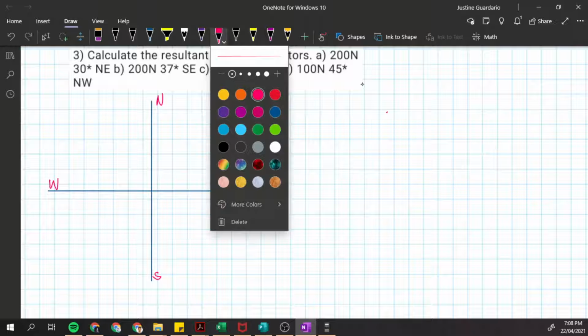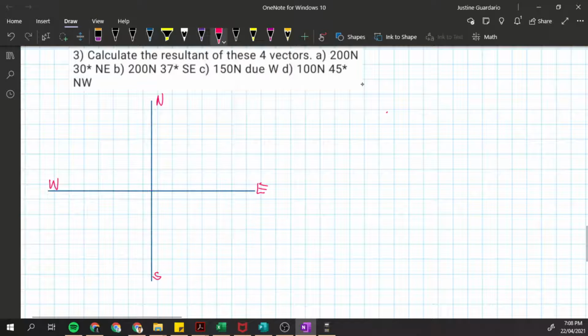So, 200 newtons, we have here 200 newtons. So, yung first vector is 30 degrees north of east. So, ano yung 30 degrees north of east? So, from east, pupunta ka sa north, counterclockwise, okay? Or kung saan yung tinuturo niya, north of east, from east, pupunta ka sa north, we have 30 degrees, okay? Meron tayong 30 degrees.